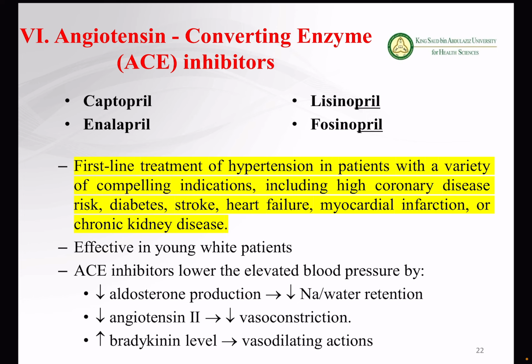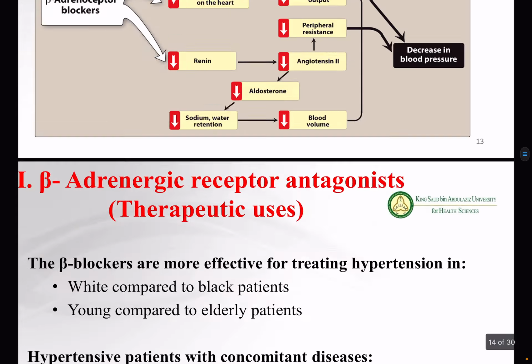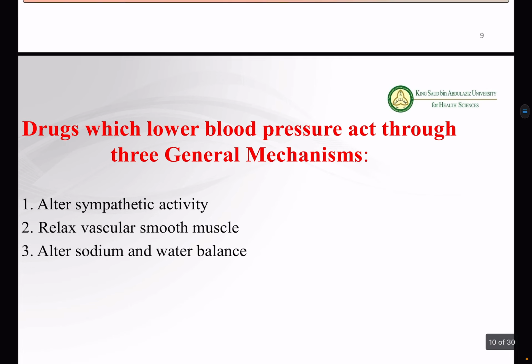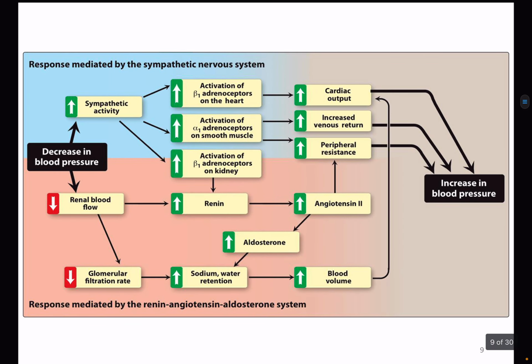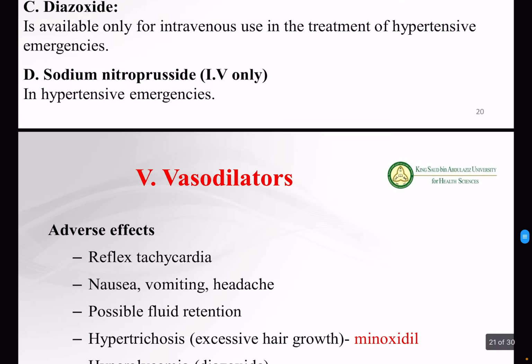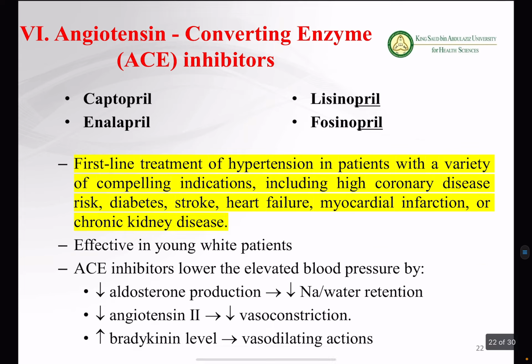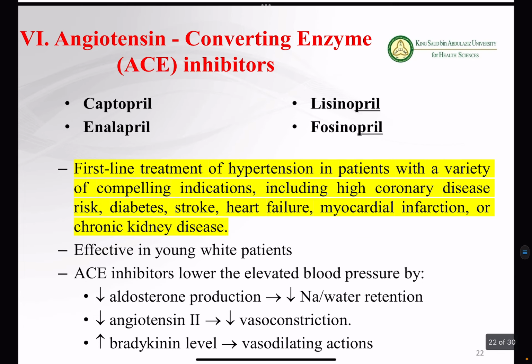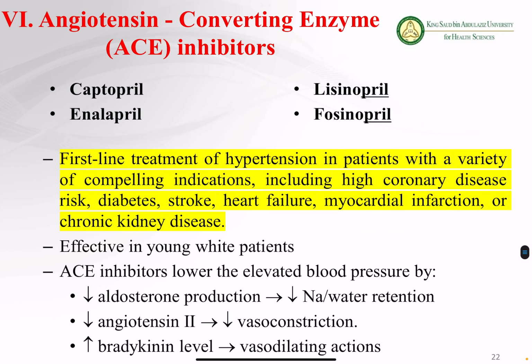So if you go back to the diagram, if it stops the formation of angiotensin 2, it also decreases aldosterone secretion. So one of the main mechanisms of ACE inhibitors is that they decrease aldosterone production and decrease sodium and water retention. Then number two, these drugs decrease angiotensin 2, and thus decrease vasoconstriction.